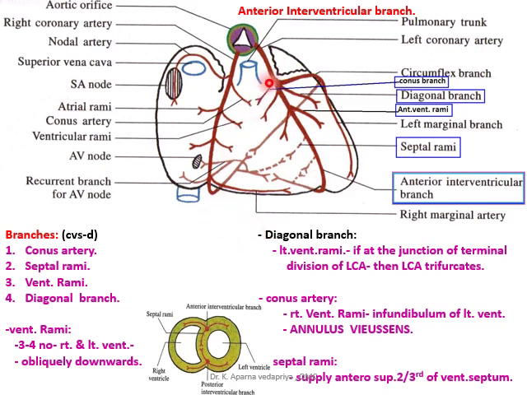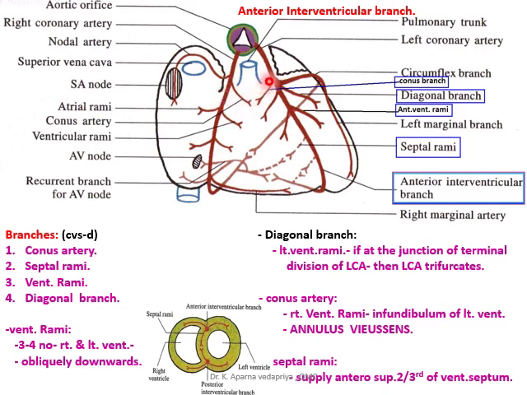The conus artery is the right ventricular rami. The diagonal branch is the left ventricular rami, the first larger left ventricular rami. Coming to the first right ventricular rami, which supplies the infundibulum of the right ventricle, it is called the conus artery, which anastomoses with the right conus artery of the right coronary artery.